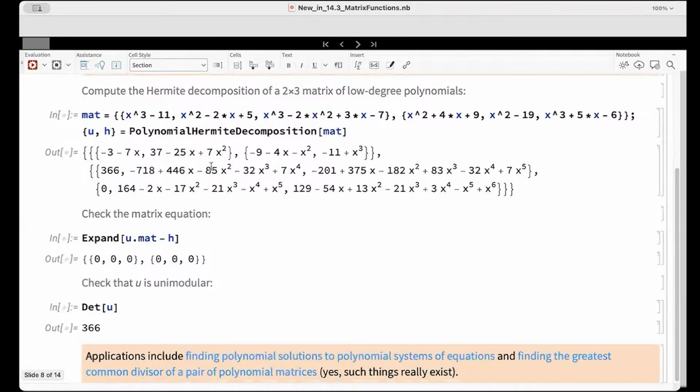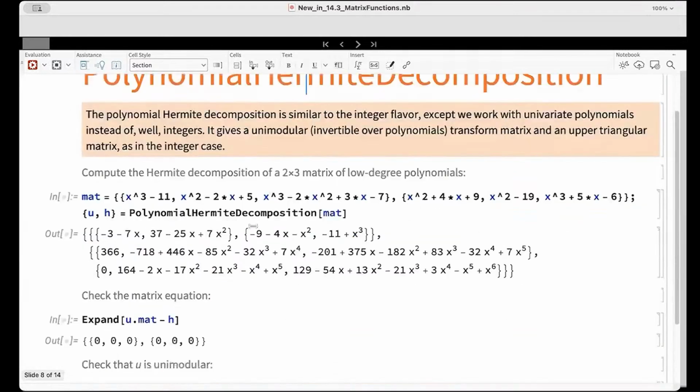And so here's some examples. And again, we give a conversion matrix U and the Hermite form itself, H. And you'll see from that Hermite form that it's got something very convenient in the first element, which is what we call a unit, in other words, a constant polynomial, and then below that a zero.